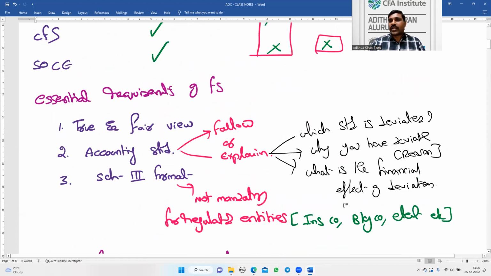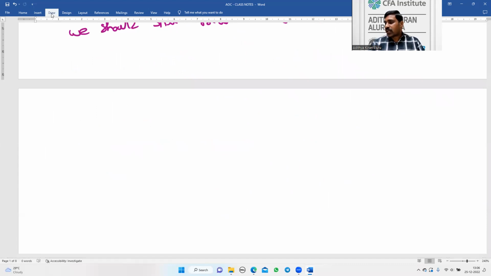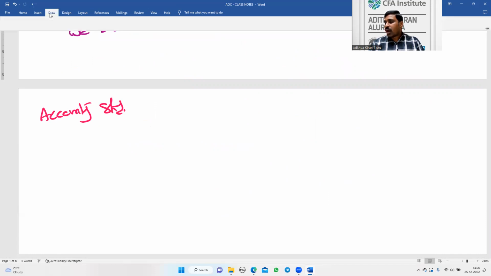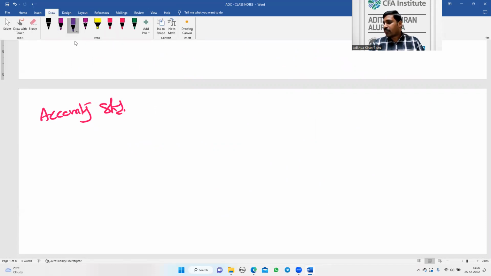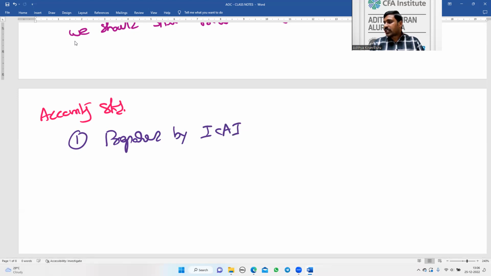Coming to the accounting standards, who frames the accounting standards? Accounting standards are drafted or prepared by ICAI, thereafter examined or verified by NFRA, National Financial Reporting Authority.